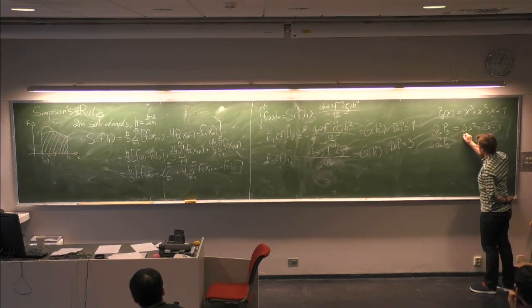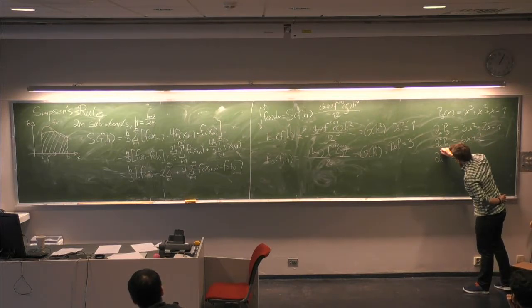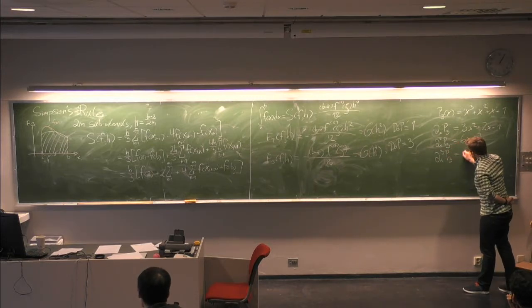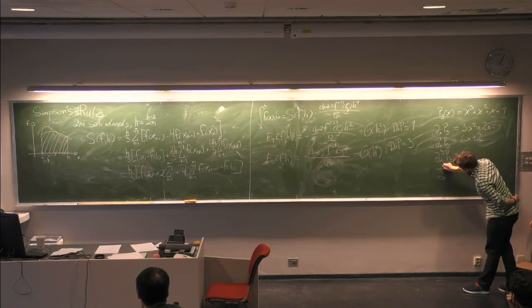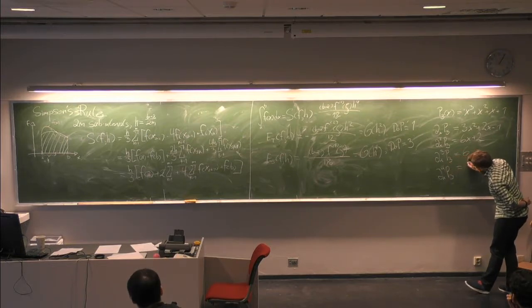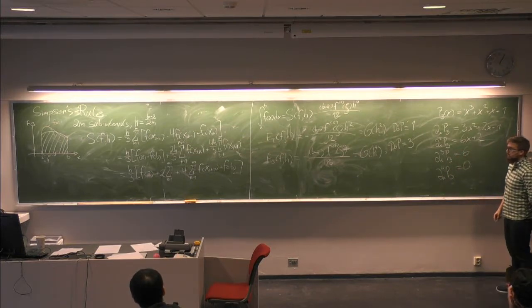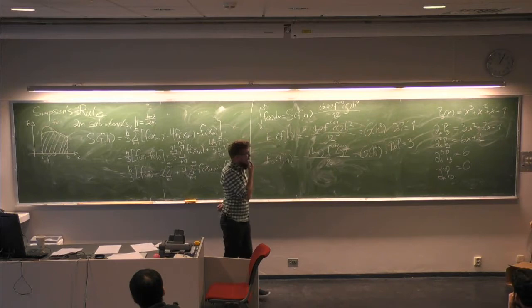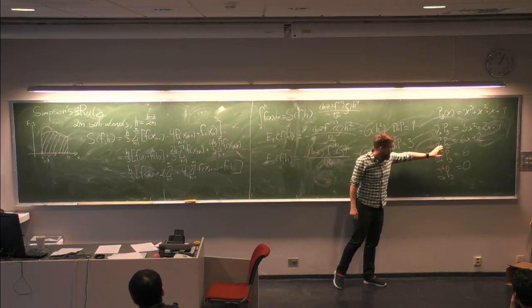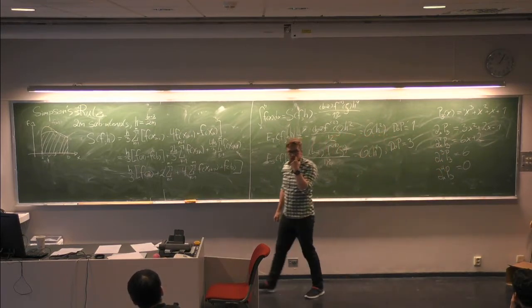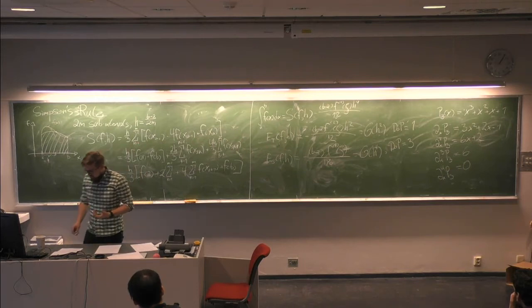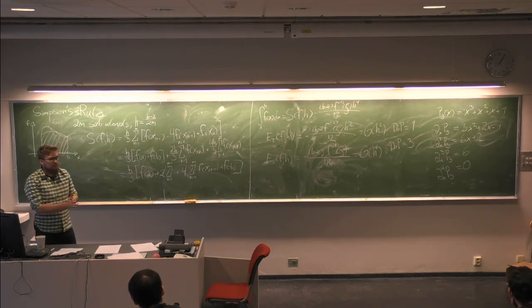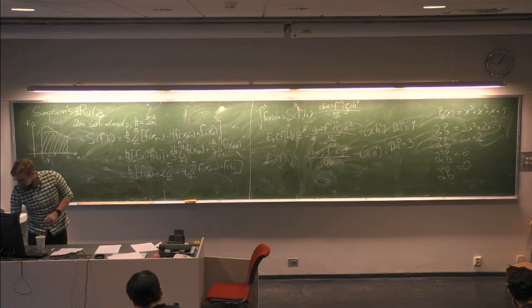The second derivative is 6x plus 2, the third is just 6, and the fourth is 0. So this is a third order polynomial, and if you differentiate it 4 times, you get 0. That's why it's accurate up to this order. Okay. Then we have a 15-minute break.